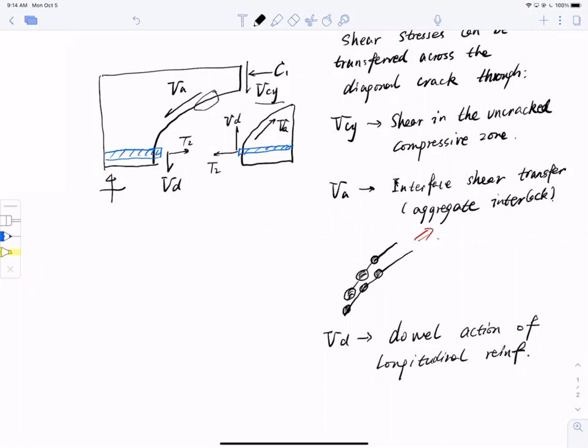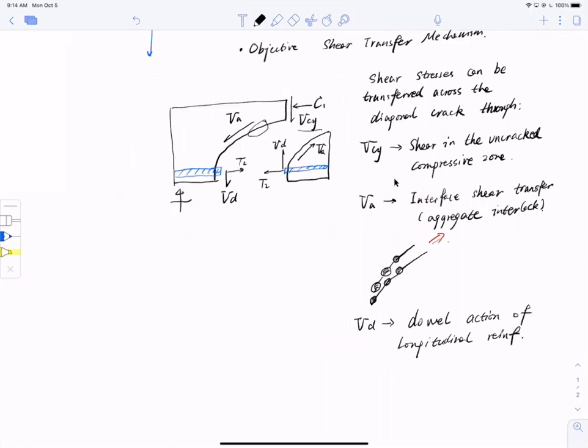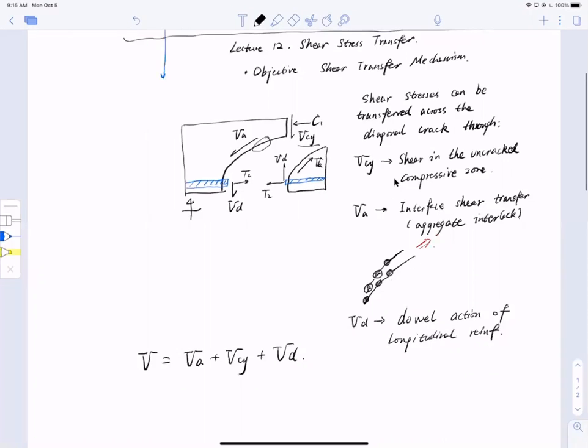So as you can see, if I don't have transverse reinforcement, if I don't have stirrups, no vertical bars, my total shear resistance comes from the aggregate interlocking, shear from the compressive zone, and the dowel reaction.